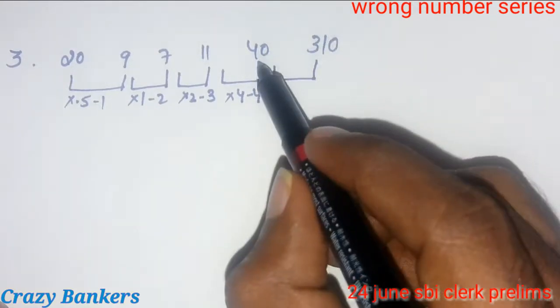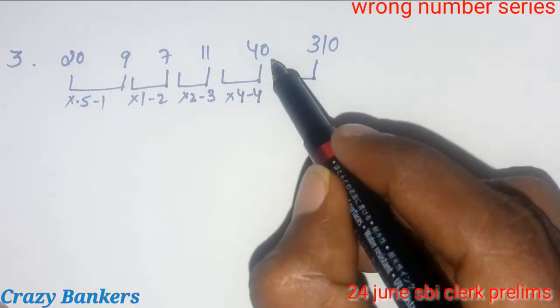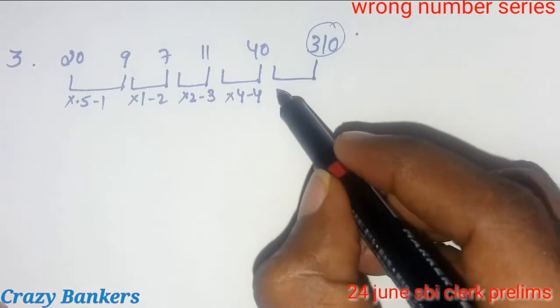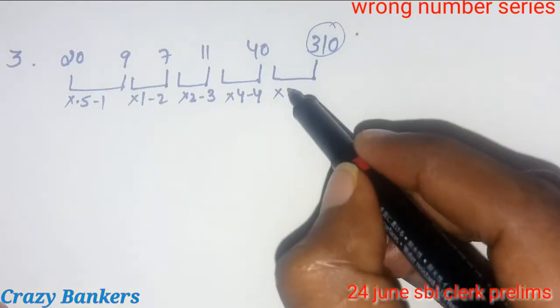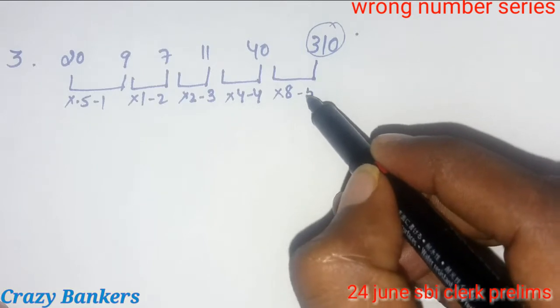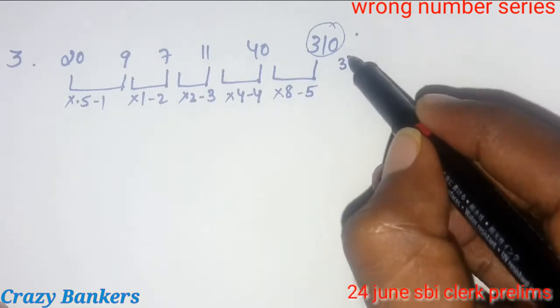All the numbers in the series are right, so this is the wrong number in the series. Let's check: 40 into 8, 320, minus 5, that is 315.